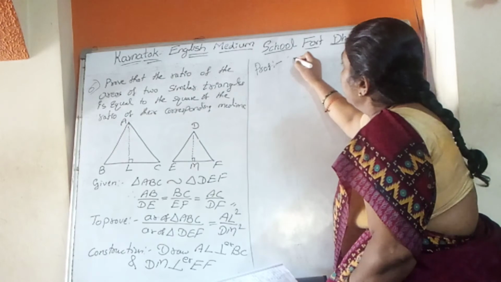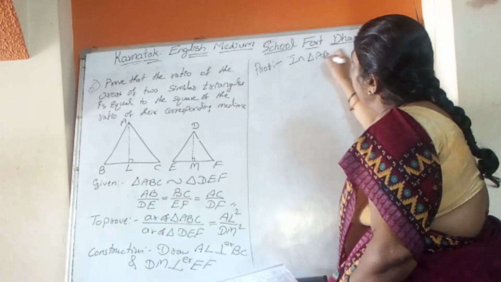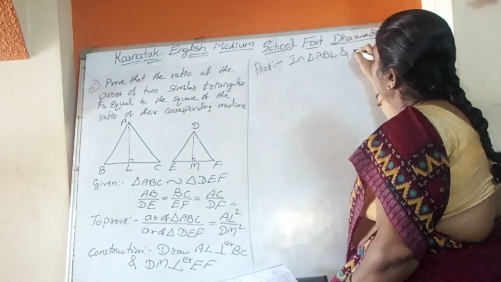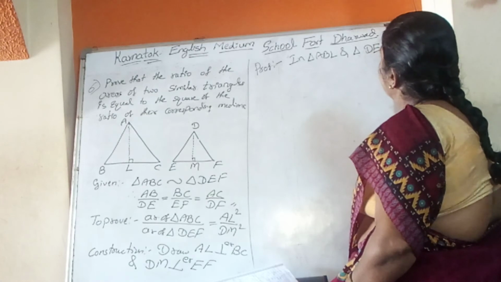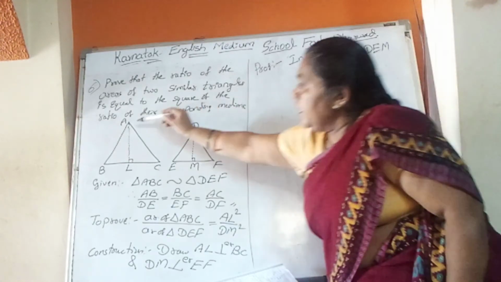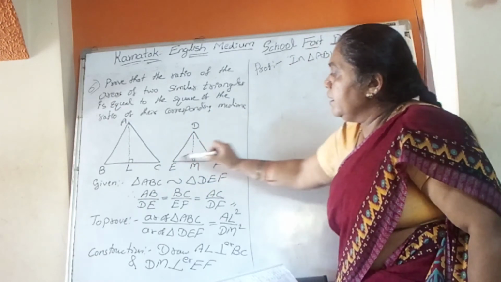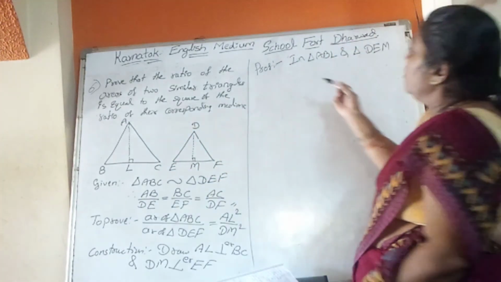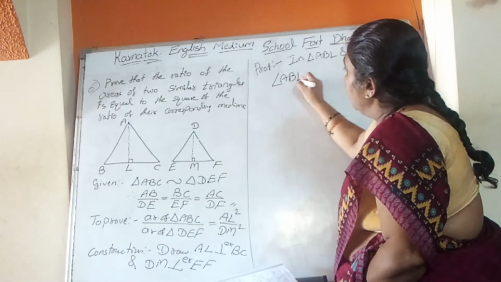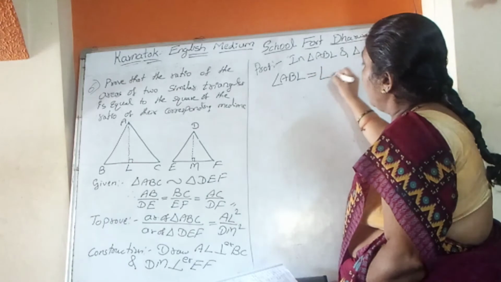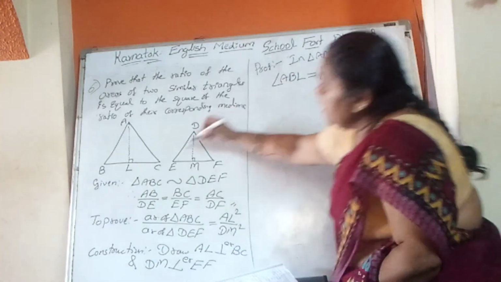So, in triangle ABL and triangle DEM, in these two triangles, angle ABL equals angle DEM. This is only given.